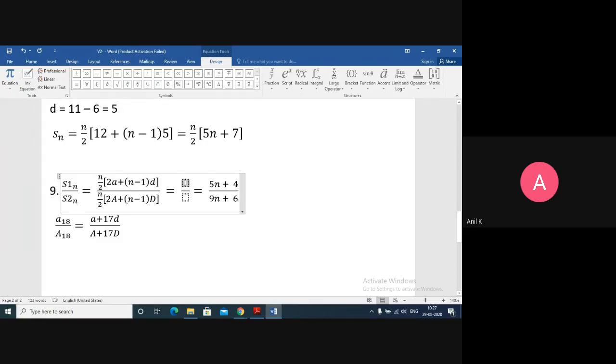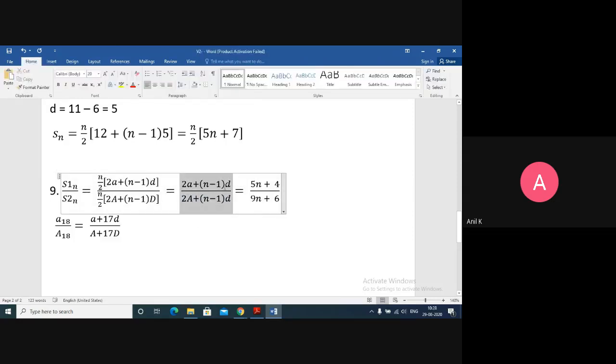Here I left out 2a plus n minus 1 into d, and here also you got 2 capital A plus n minus 1 into capital D. So finally you got 2a plus n minus 1 into d upon 2 capital A plus n minus 1 into capital D is equal to 5n plus 4 upon 9n plus 6.